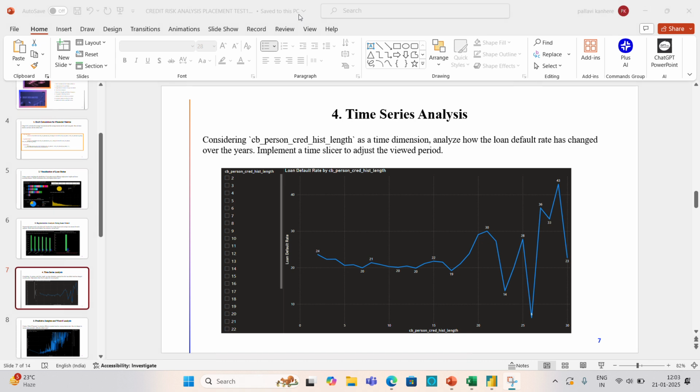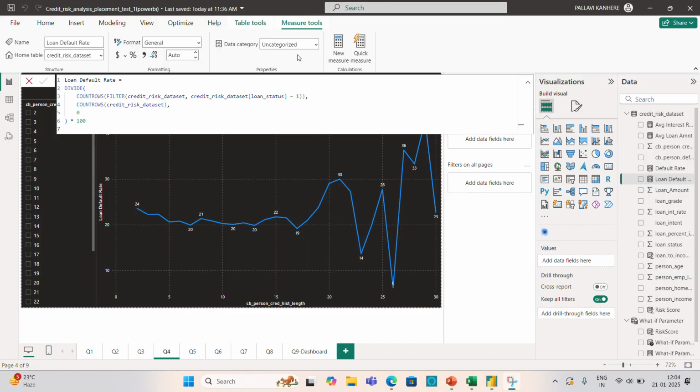Fourth is a time series analysis. Consider the CB percent credit history length as a timing dimension. Analyze how loan default rate has changed over the years. Implement a time slicer to adjust the viewed period. In this, I first created one measure for loan default rate, and this is the formula for the loan default rate.